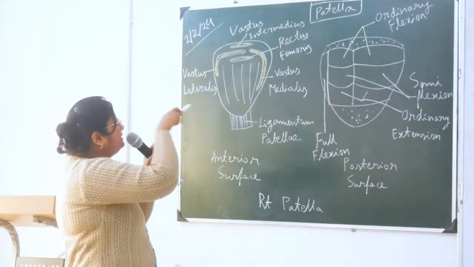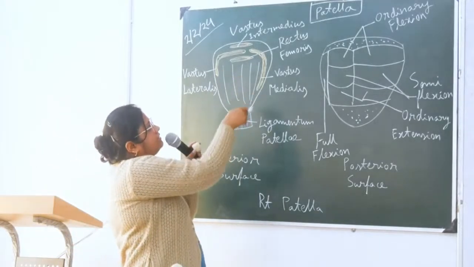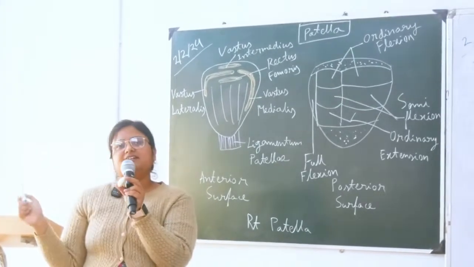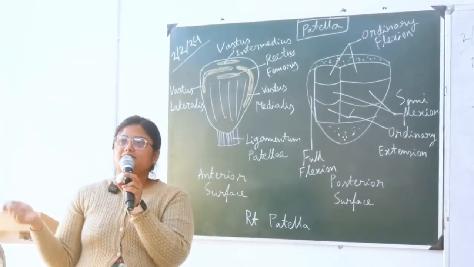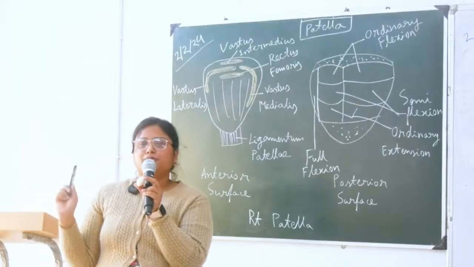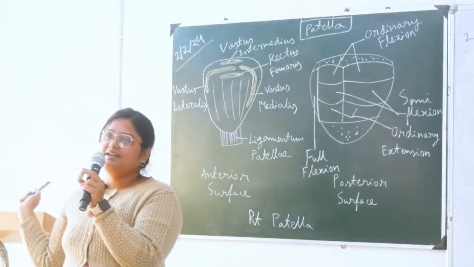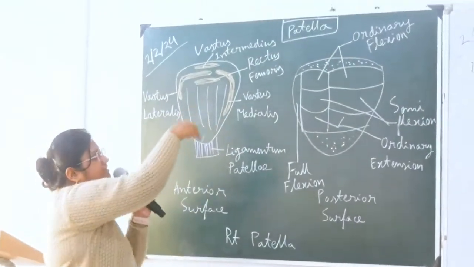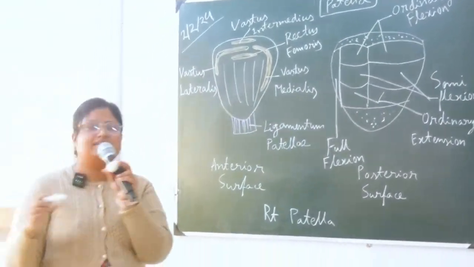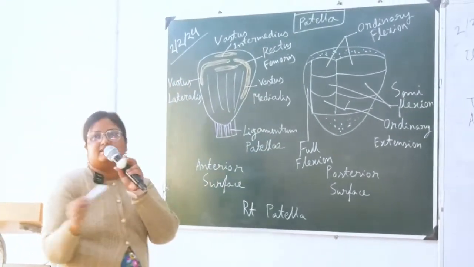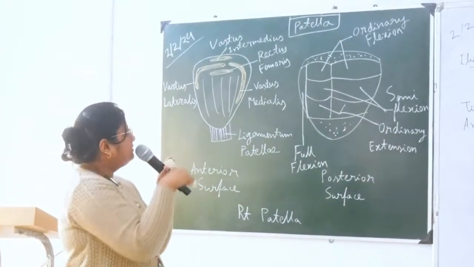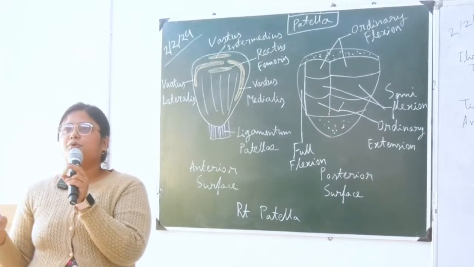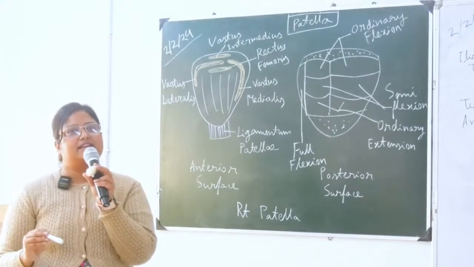So why is the attachment like this? Because during extension of the knee, there is a natural tendency of the patella to displace laterally. To prevent this displacement, the vastus medialis extends more downward than the vastus lateralis, and the attachment of vastus medialis on the femur also extends more downward than the vastus lateralis.